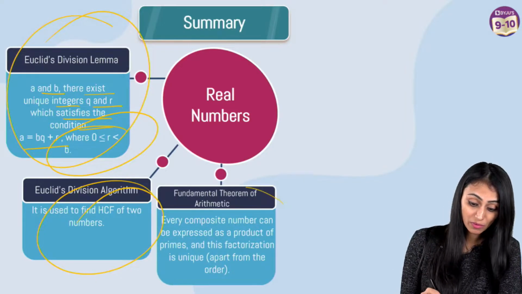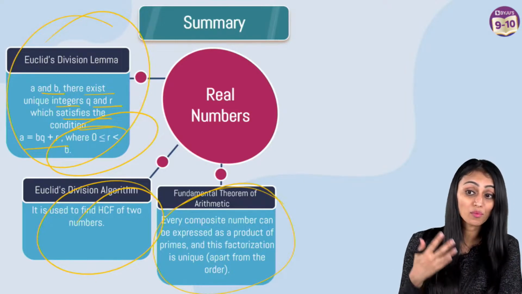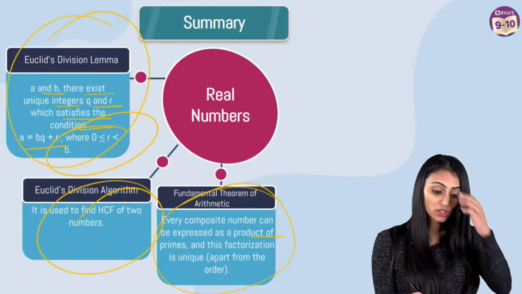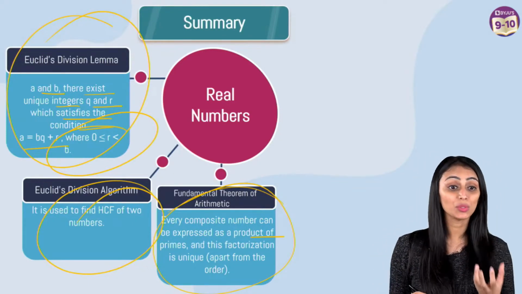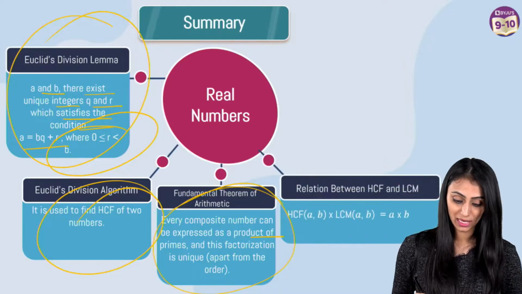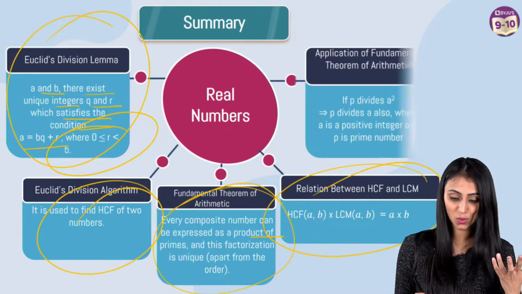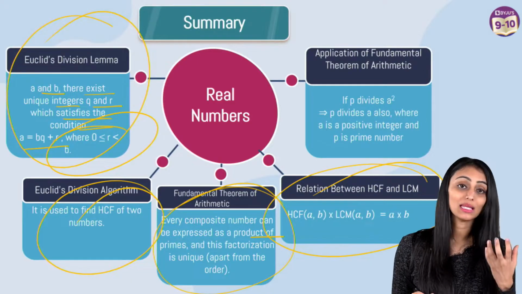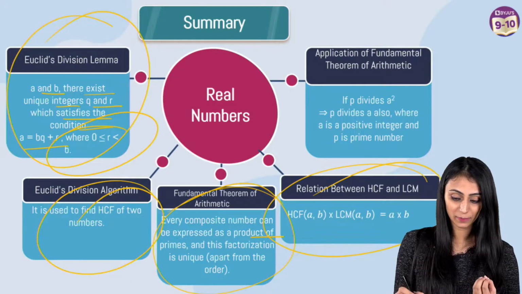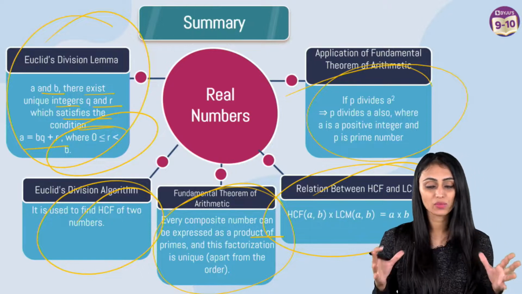Then we learned about the fundamental theorem of arithmetic, that every composite number can be expressed as a product of primes, and this factorization is unique apart from the order. We also learned about the relation between HCF and LCM, and we tried out a few questions on this. And then we talked about the application of the fundamental theorem of arithmetic. So all these topics we have covered today.